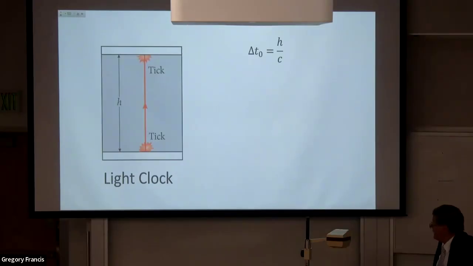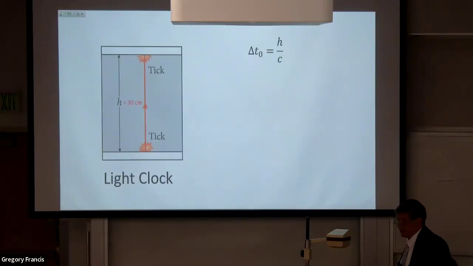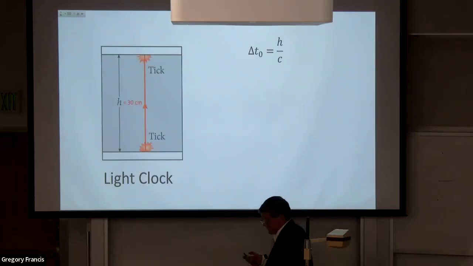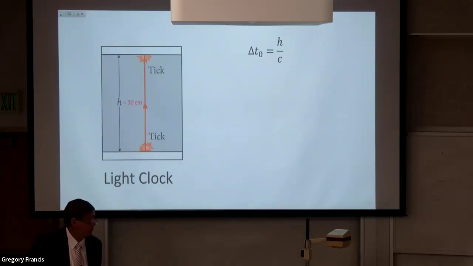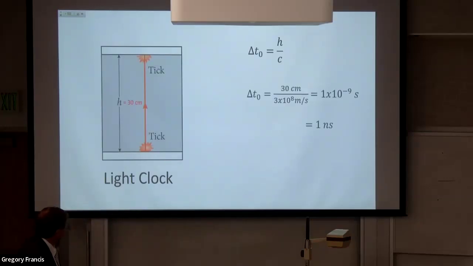Okay? Now, if I take that height to be 30 centimeters and the speed of light to be 3 times 10 to the 8th meters per second, when I use that formula for delta t, I get 1 times 10 to the minus 9 seconds, or 1 nanosecond. 1 nanosecond is pretty quick.